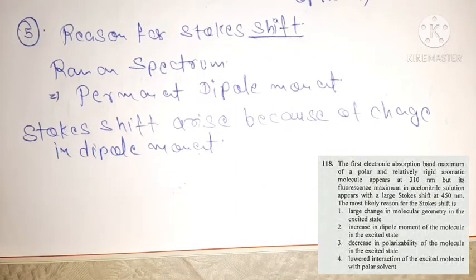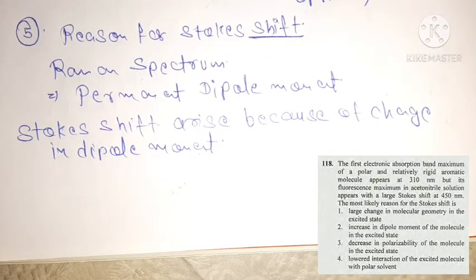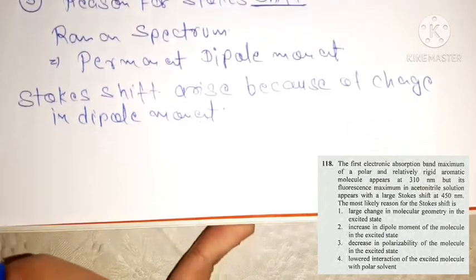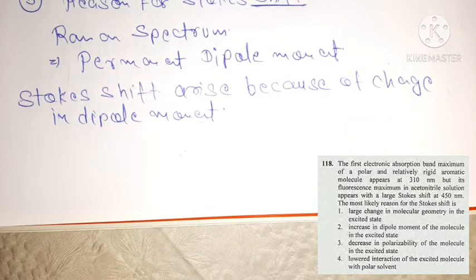So this will be your option number second. See in the corner, option number second says increase in dipole moment of the molecule in excited state, because in this option we change the dipole moment.